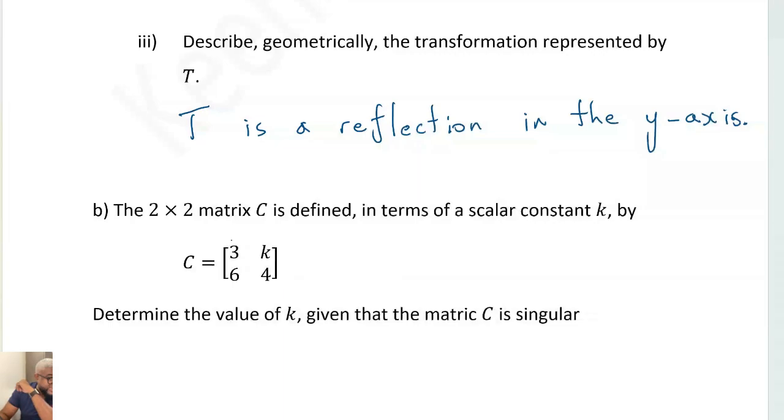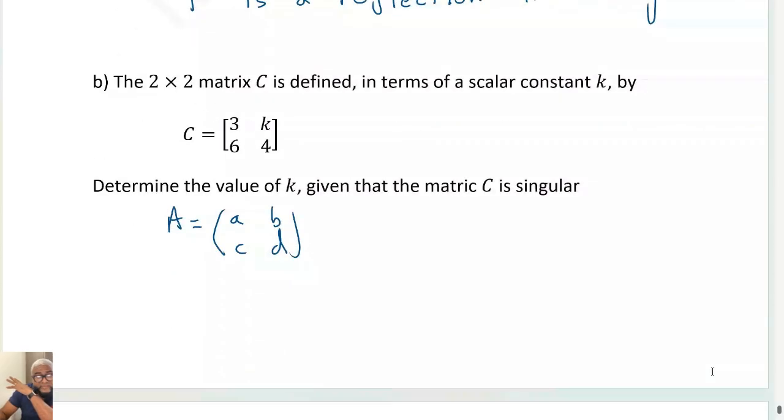So for a matrix to be singular, it means the determinant is 0. It means that if I have a matrix A being equal to A, B, C, D, and then I have the determinant of A, right? The determinant of A would be AD minus BC, right?